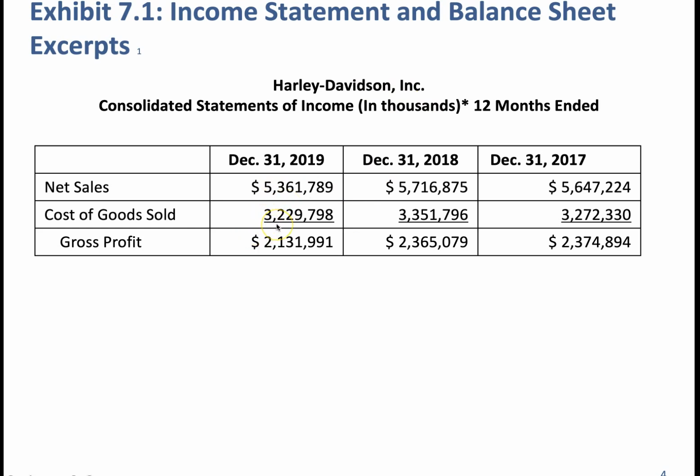And the cost of goods sold, which means the cost that is directly related to the sales that Harley-Davidson made, is 3 million plus. The gross profit, which reflects how profitable their products are, is 2 million plus. So this income statement shows that cost of goods sold is a direct subtraction from the sales.